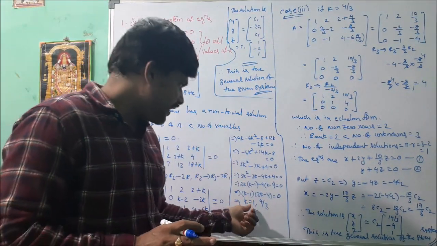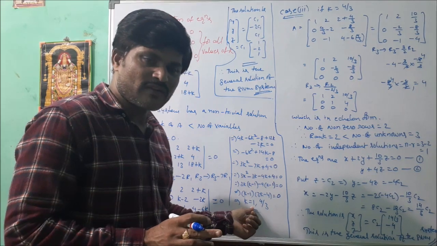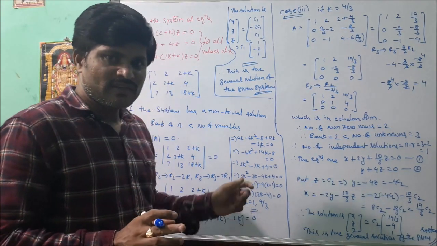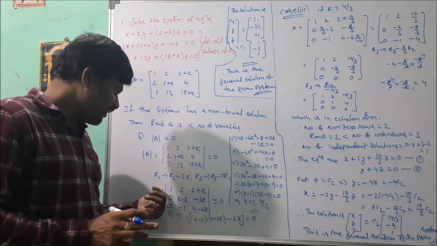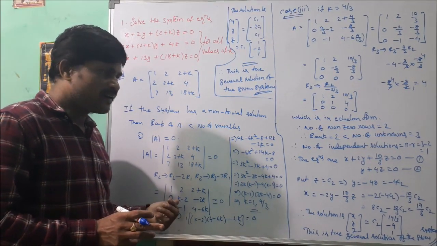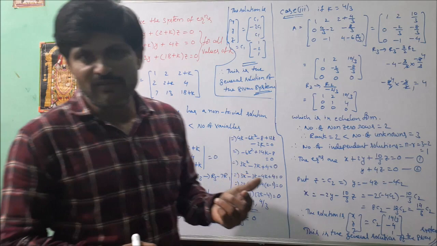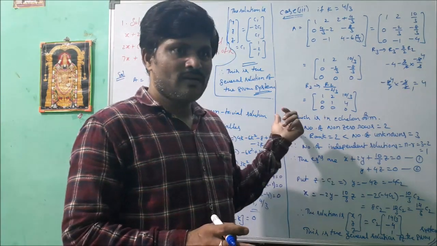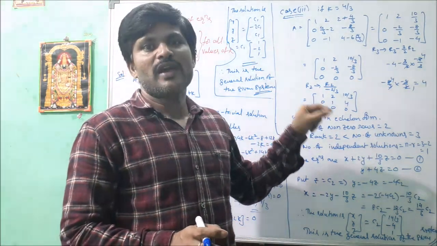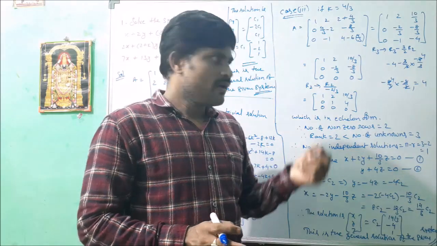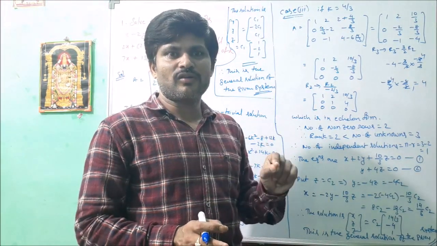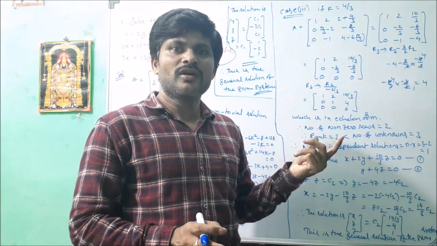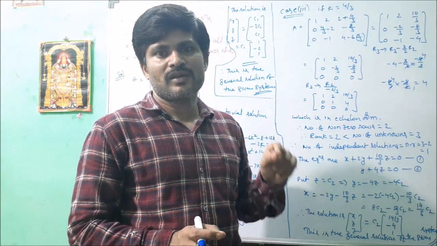Similarly, in case 2, we take the value of k equals to 1, then substitute the value of k in the given coefficient matrix. It can simplify using row transformations. Then it can be reduced into echelon form. Here we observe rank of coefficient matrix is less than number of unknowns. Therefore, it has also a non-trivial solution.